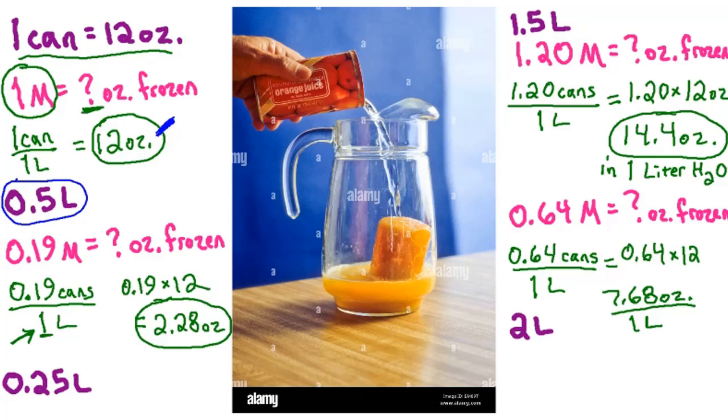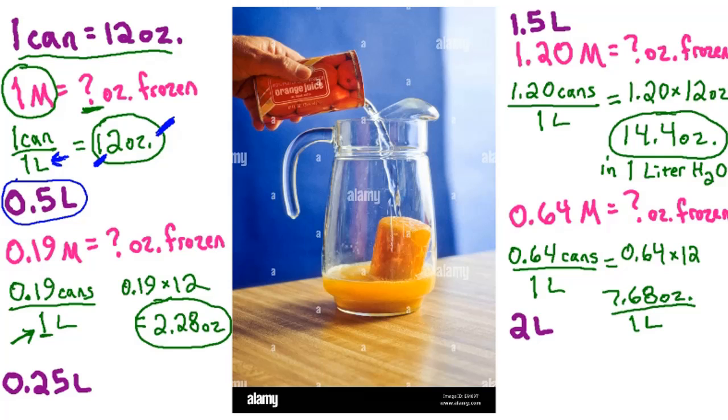So we didn't use 12 ounces of frozen orange juice concentrate, because the 12 ounces was how much we would use if we were making 1 liter, putting 1 liter of water in there. But we didn't. We only put 0.5 liters of water in there.